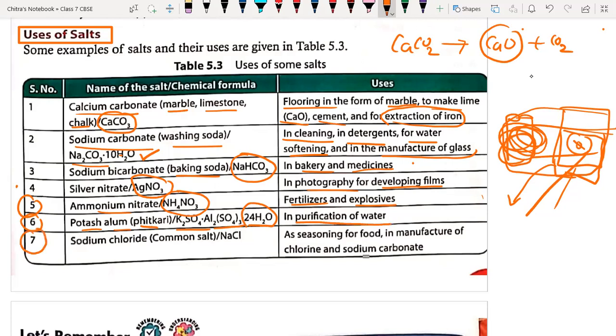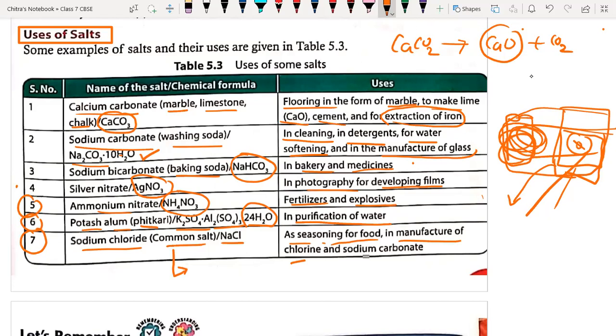Last but not the least, sodium chloride, common salt, NaCl. It is used generally in our daily diet in the kitchen, as seasoning of the food, and in the manufacturing of chlorine and sodium carbonate.